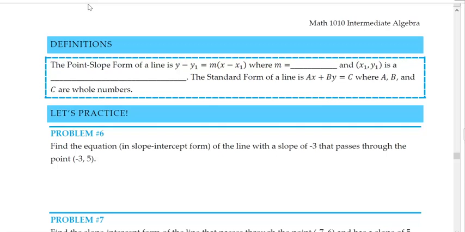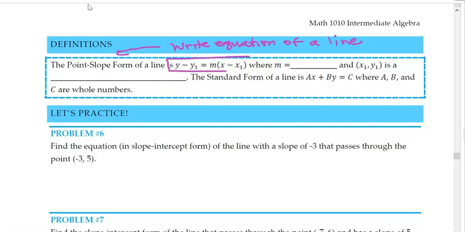All right, the next thing that we need to talk about is the point-slope form of a line. Whenever we're writing an equation of a line, we can use this formula. That's when we want to use this point-slope form. So make sure you get this memorized.